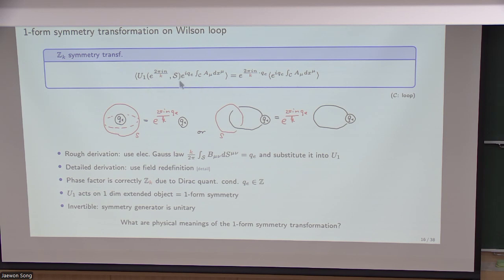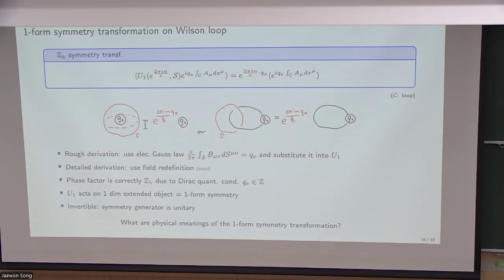This correlation function means that the symmetry generator U1 acts on the Wilson loop and generates the phase. The configuration of S can be seen like this. If we take the spatially extended surface, this can be written like this. And if we consider the spatially and temporally extended surface, the correlation function can be seen like this.